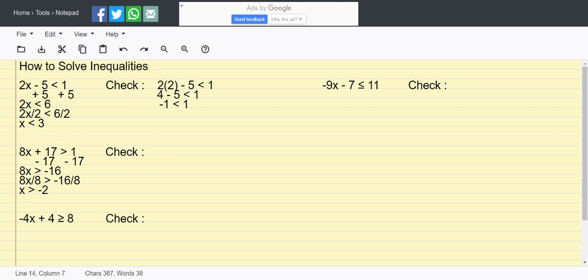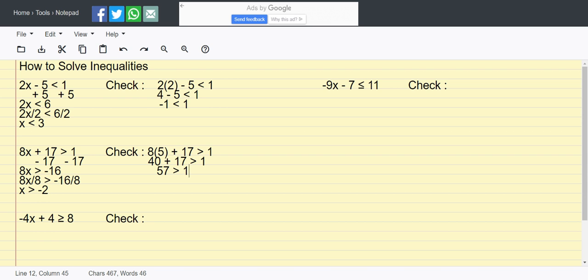negative 2. To check if this is the correct answer, you can plug in any value into x that is greater than negative 2. I'm going to put in 5 into the x value and see if this is true. 8 times (5) plus 17 is greater than 1. 8 times 5 is 40, plus 17 is greater than 1. 40 plus 17 is 57 and it's greater than 1, so this is true.